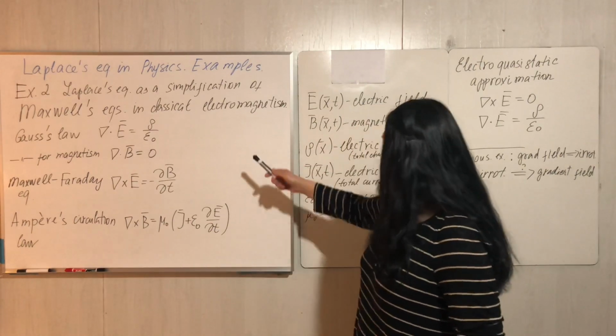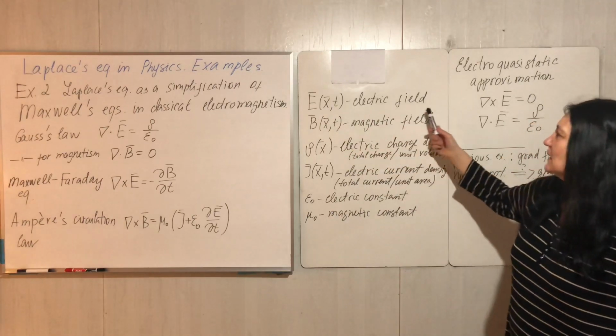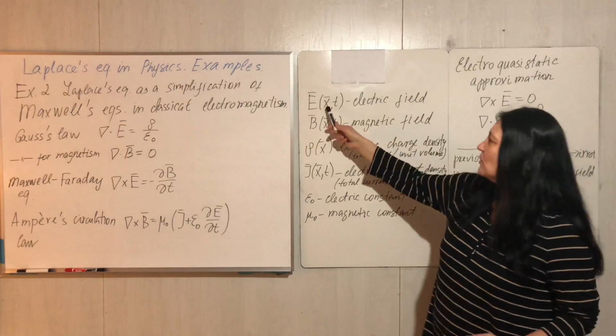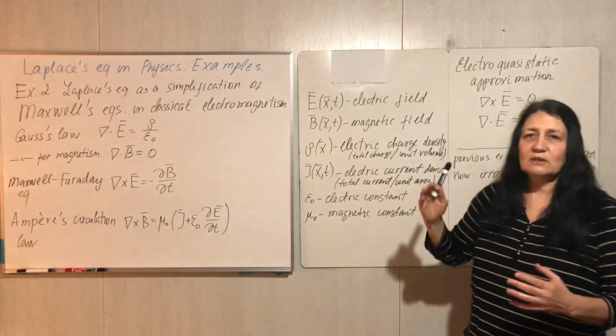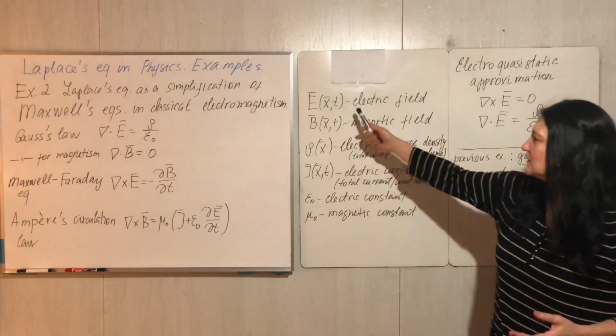So let me describe the notation. So E is the electric field, and this is a vector field. So vector x here describes the spatial coordinates. t is time.